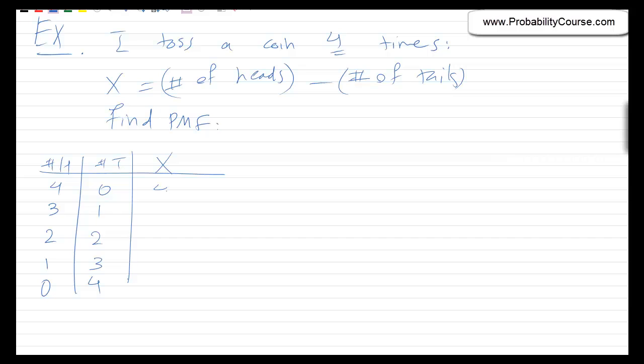So in which case x is going to be 4, 2, 0, minus 2, and minus 4. So as we saw before, the range of x in this example is 4, 2, 0, minus 2, minus 4.